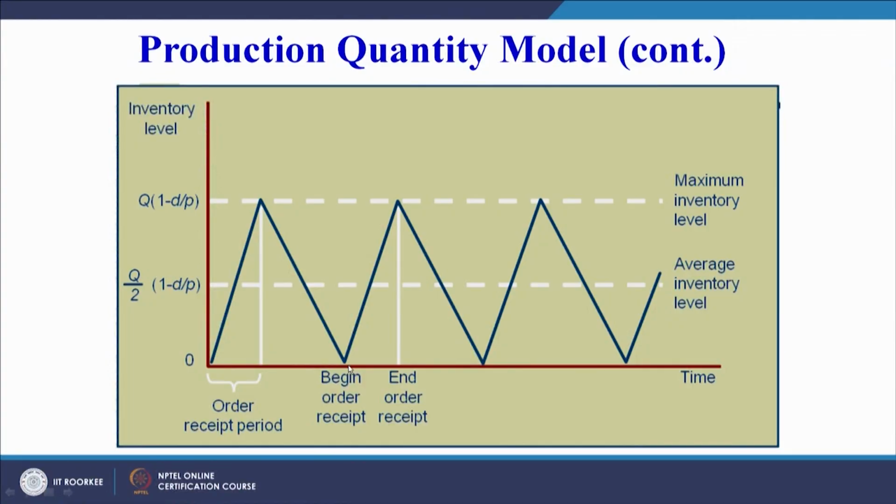If you see this figure, begin order receipt and end order receipt, there is a difference between the two. In the economic order quantity EOQ model, this line is straight. When we receive our order, everything is received on the same day.